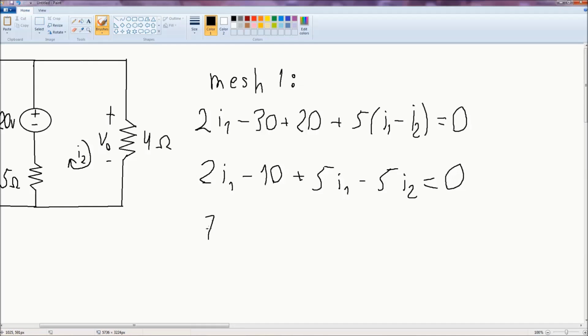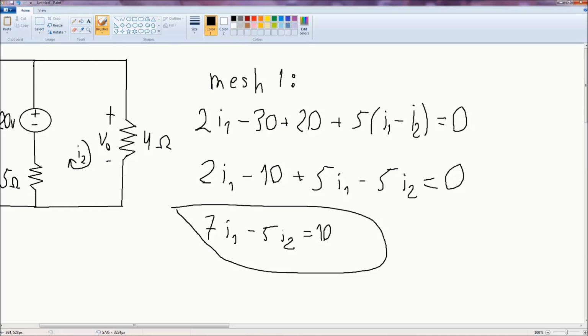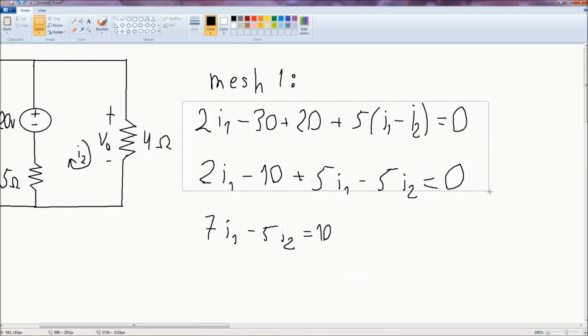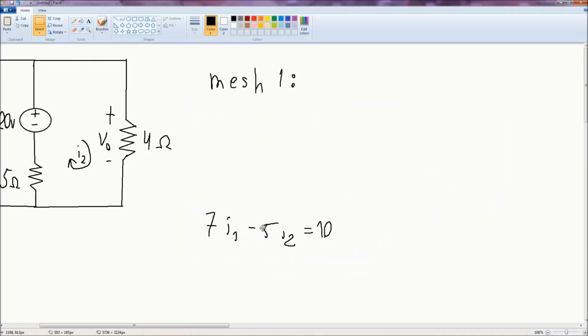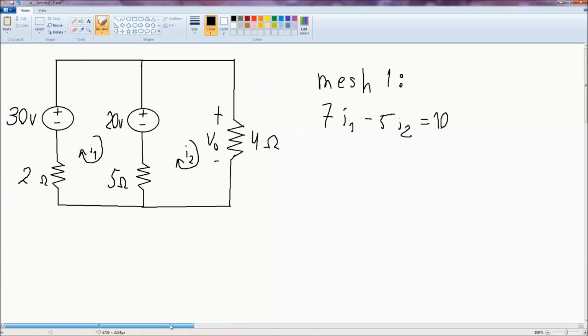So we get 7I1 minus 5I2, and we have minus 10 equals 0. So if we add 10 to both sides, we will get something like this. So this is our equation for mesh 1. So we don't need this anymore. So this is our mesh 1 equation.